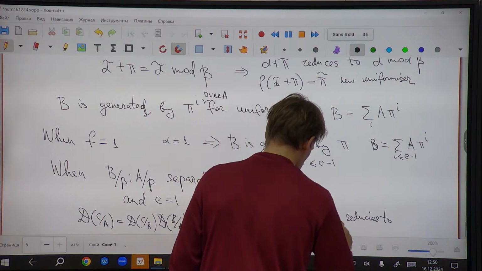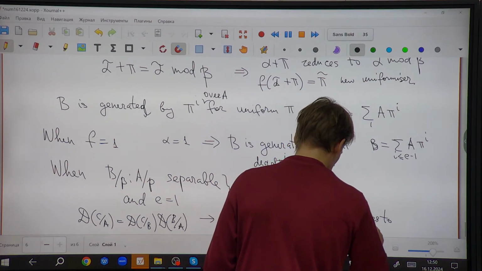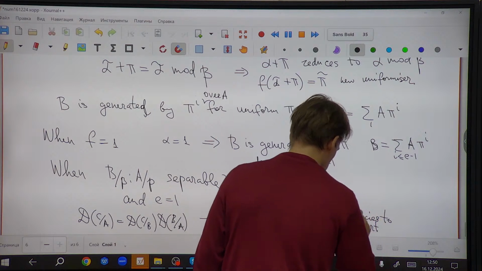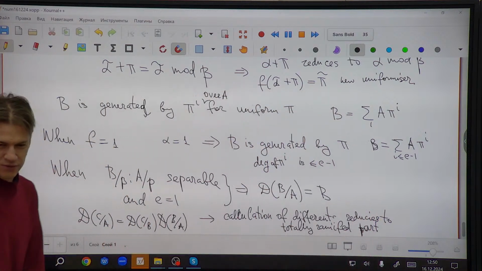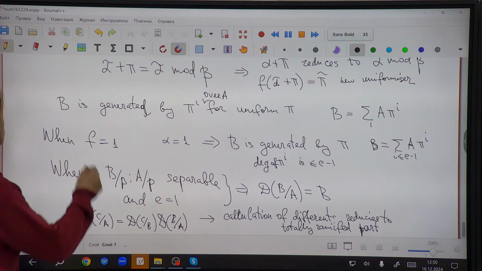The trick to do this is that you have to use some Galois theory, so I still need one lecture to finish, but at least I have given you some brief explanation.